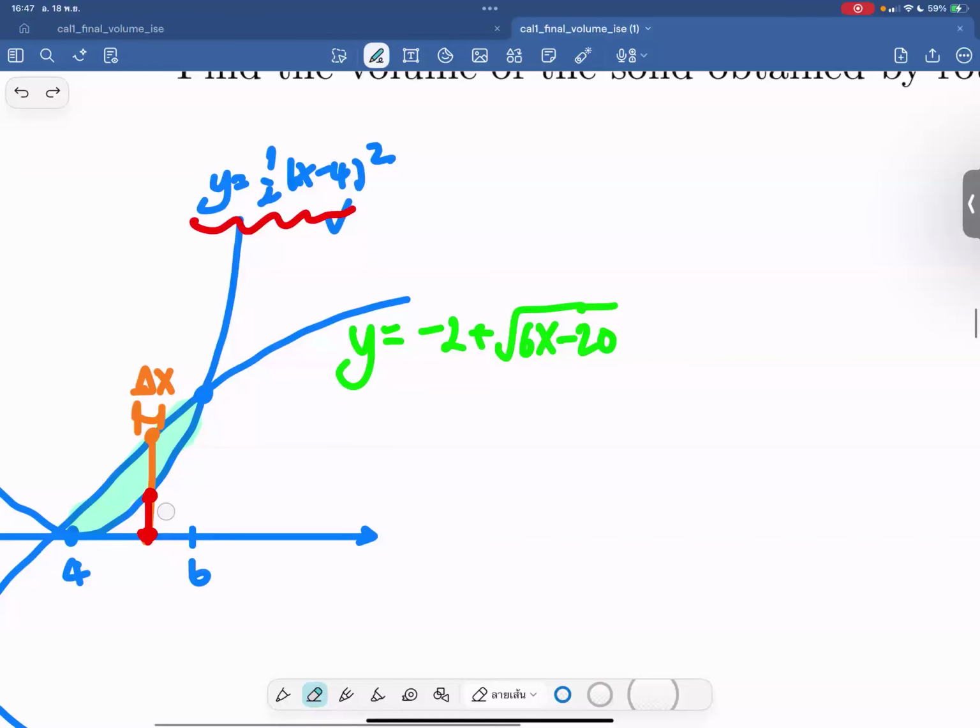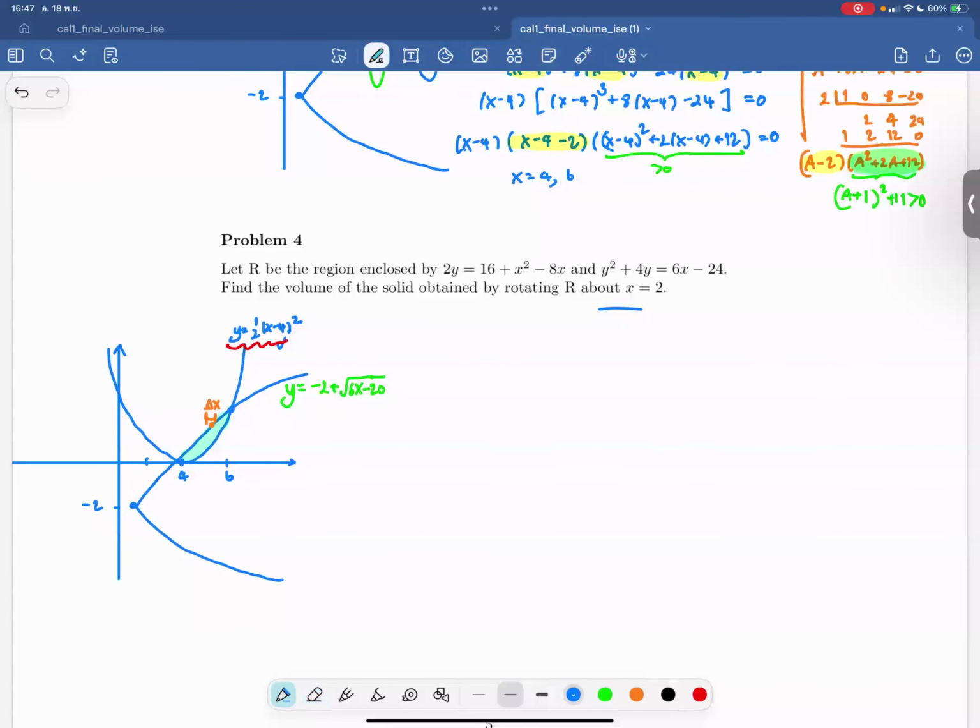So the axis of rotation is x equal to 2, right? So our disk should be like this. For now, our thickness of the disk should be delta y.